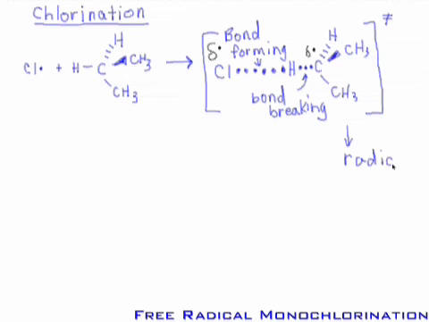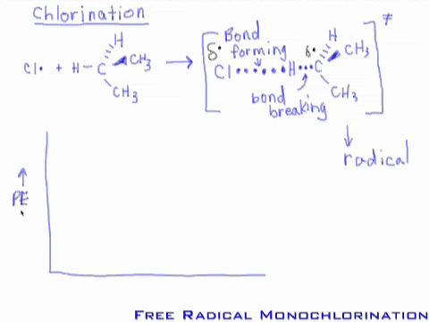Now let's look at the potential energy diagram for this step. So here's potential energy. And this step is exothermic. So here's progress of reaction. I'll just put time here.